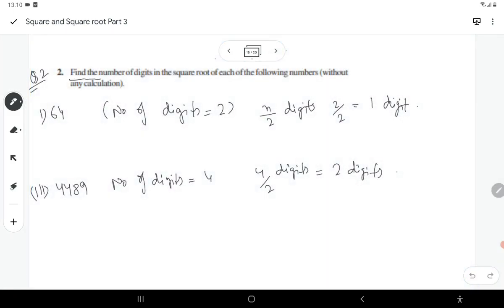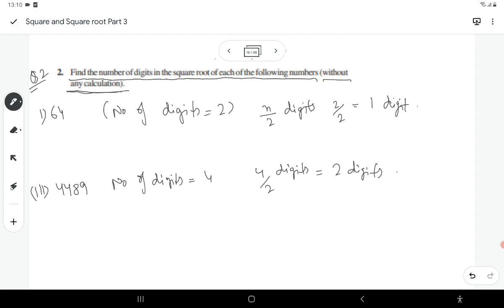Next question says find the number of digits in the square root of each of the following numbers without any calculation. This is the concept that if the number has an even number of digits, then the number of digits in the square root would be n by 2, and if the number of digits of the number is odd, then the square root has (n plus 1) by 2 digits.